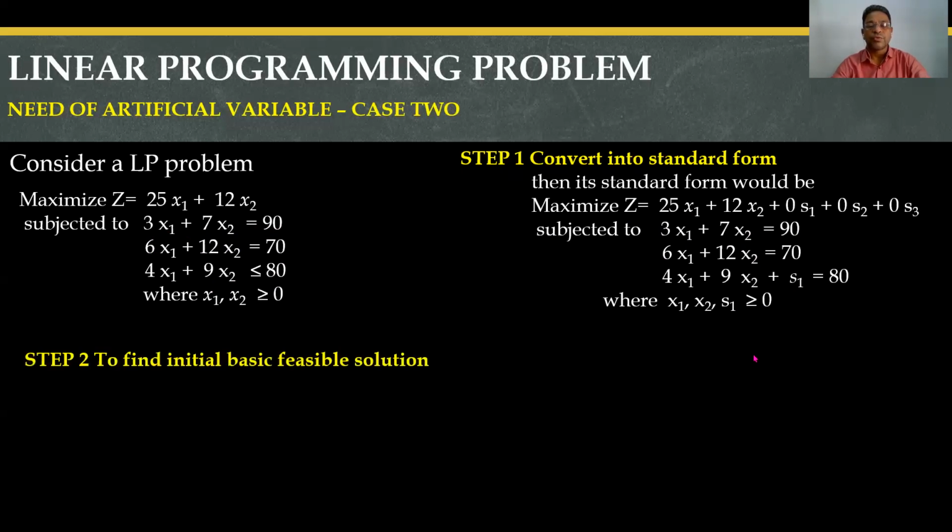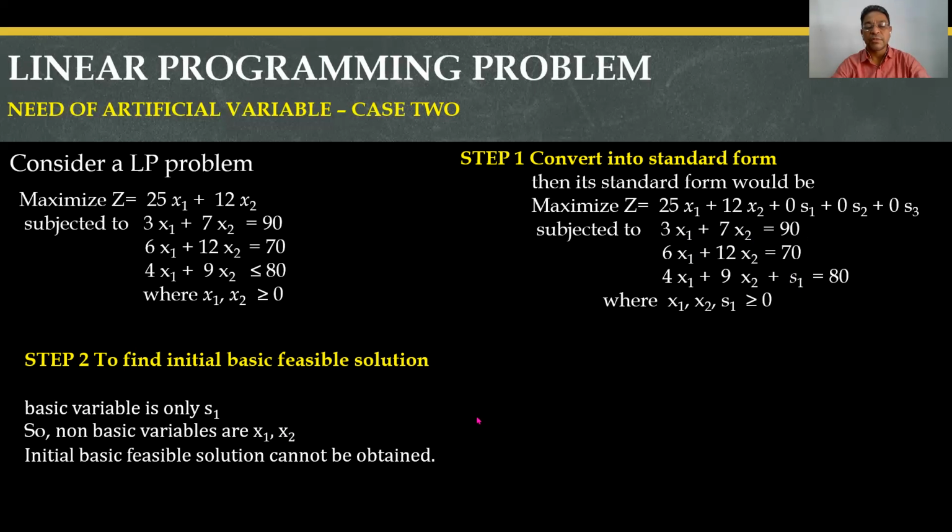Now if you try to find the initial basic feasible solution, we have s1 only as the basic variable. Since we have only s1 as the basic variable and x1, x2 as non-basic variables, we cannot find the initial basic feasible solution. Initial basic feasible solution is difficult to obtain, so we cannot solve this problem in this way.